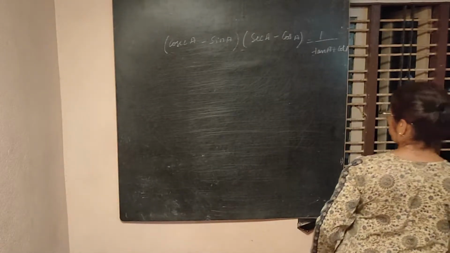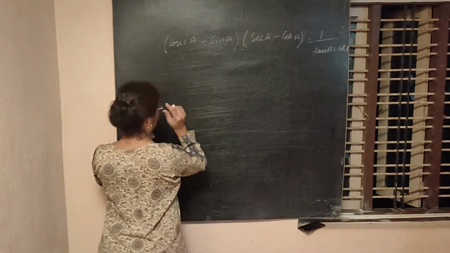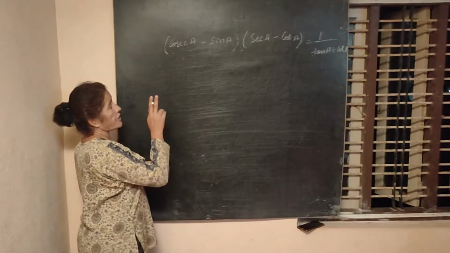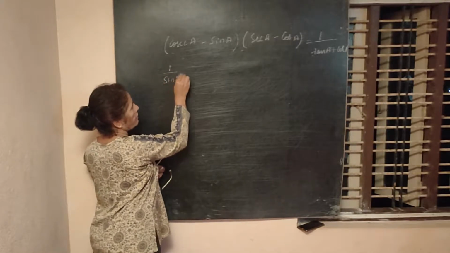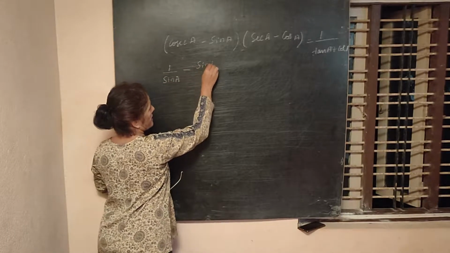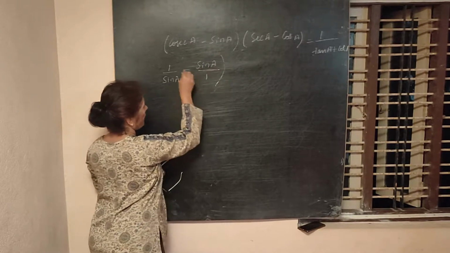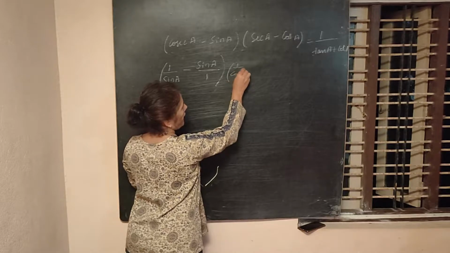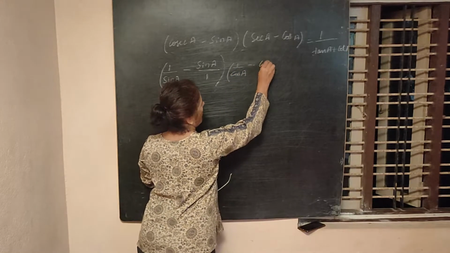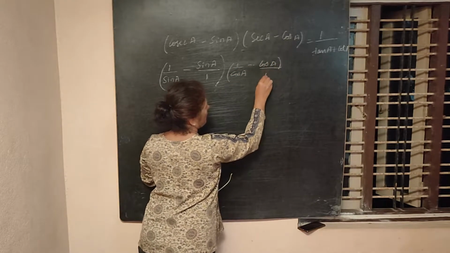So let me try. Cosecant A, how can I write down cosecant A? Cosecant A is equal to 1 by sin A minus sin A as it is, into secant A, 1 by cos A minus cos A as it is.